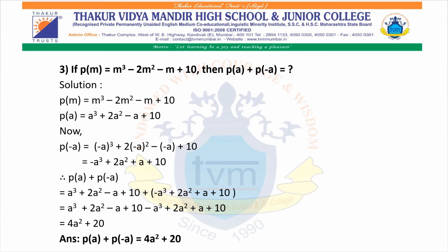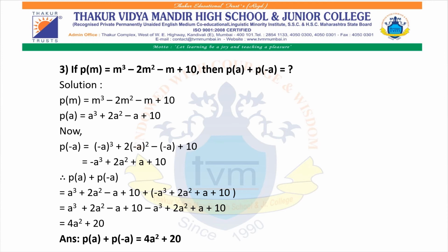Now the question is we have to add p of a plus p of minus a. So therefore p of a plus p of minus a, when we are adding it, we will substitute the value of p of a whatever we have got, plus the value of p of minus a. So the answer is a cube minus 2a square minus a plus 10, plus in the bracket minus a cube minus 2a square plus a plus 10.